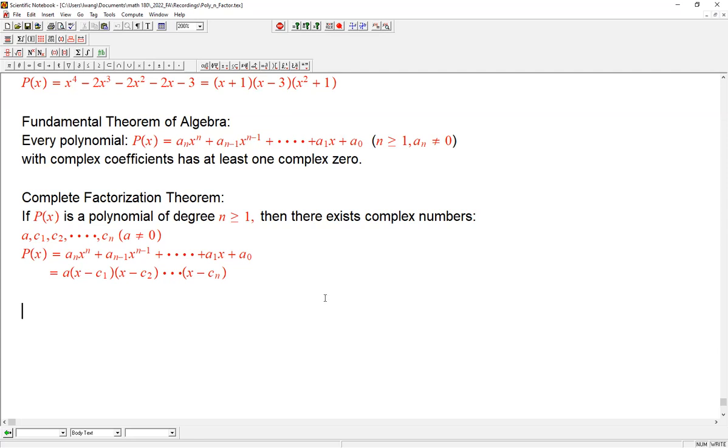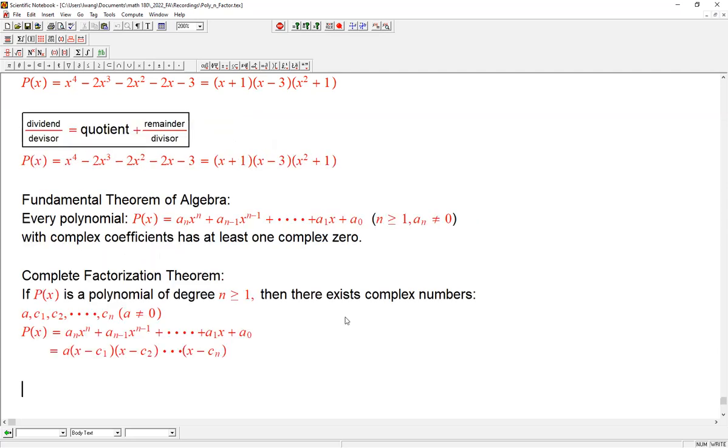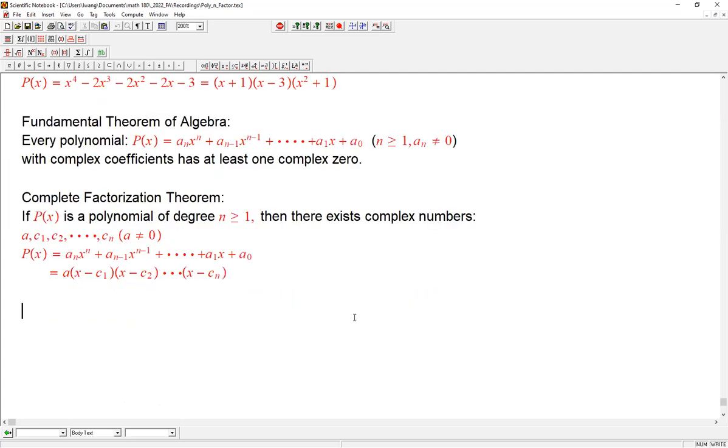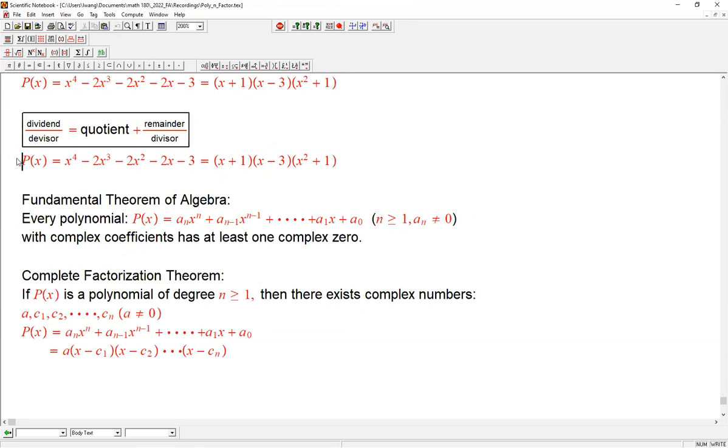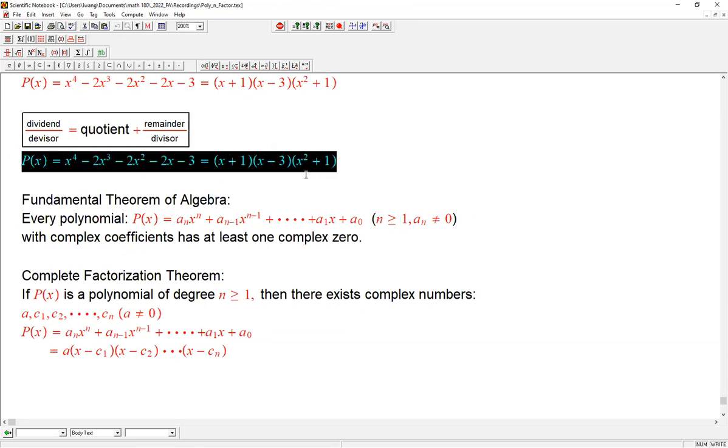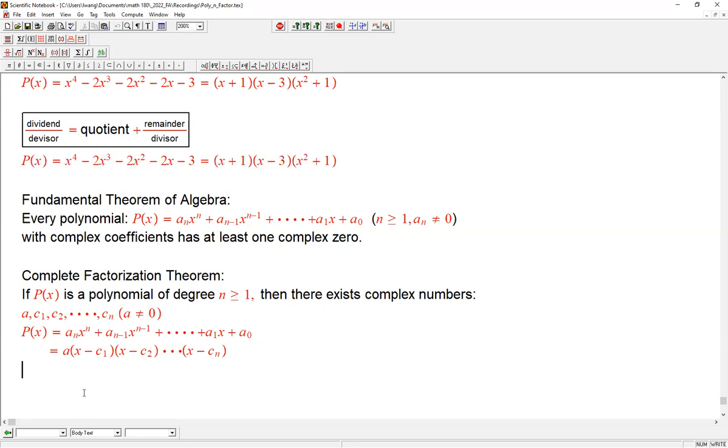Now, before we talk about any special requirement, obviously we haven't finished the factoring, right? In our previous example, according to the complete factorization theorem and the fundamental theorem of algebra, we are not done. So now return to example number 2.